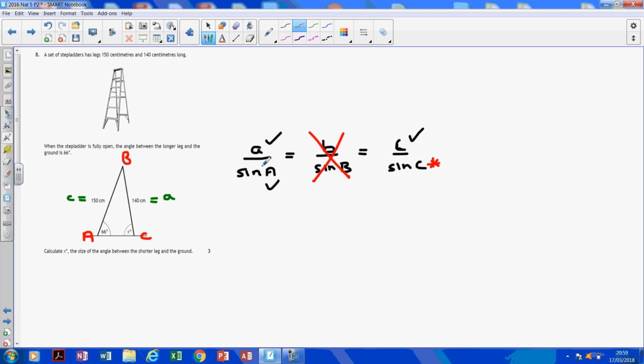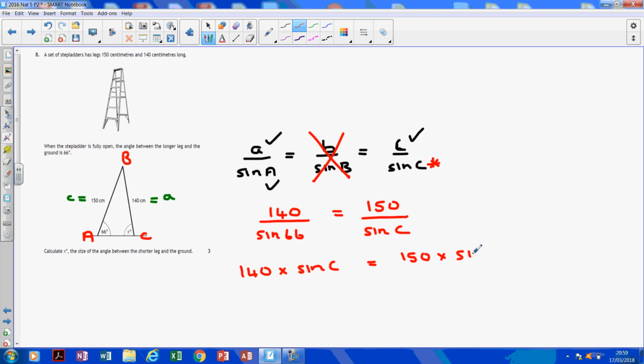So when I use a over sine A, I end up with 140 divided by sine 66, and that is equal to c, that's 150, divided by sine C, and that's what I want to work out. Cross multiply to bring everything up to the top, so 140 times sine C is equal to 150 multiplied by sine 66.